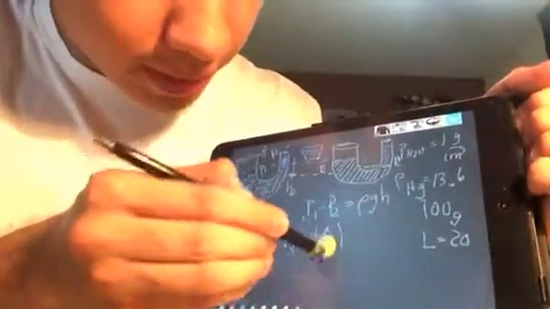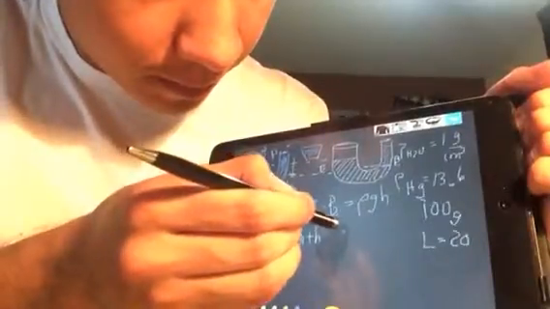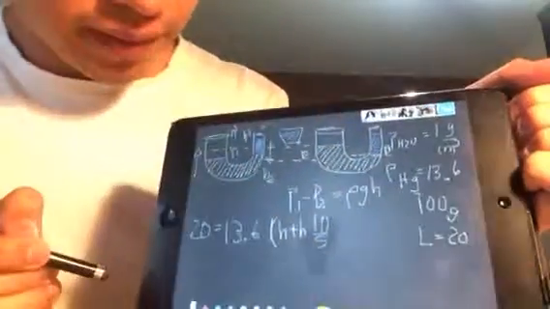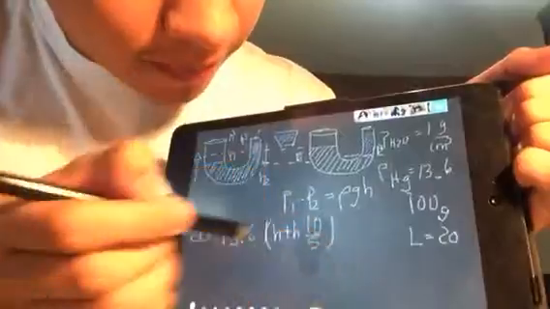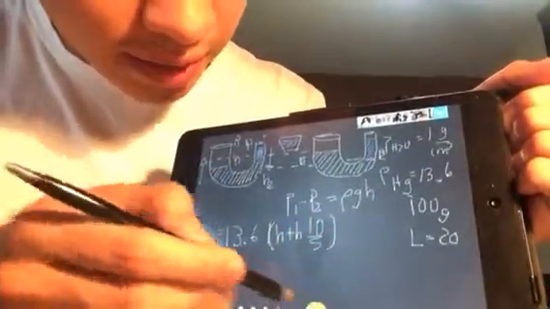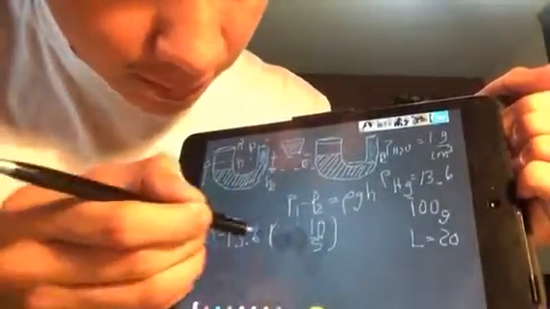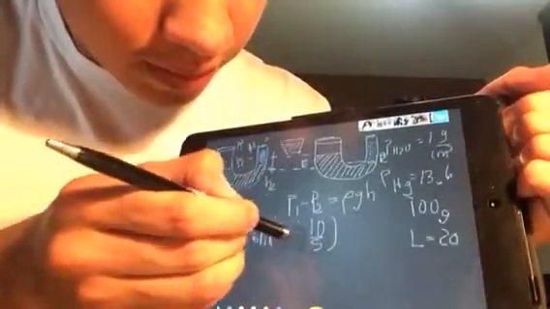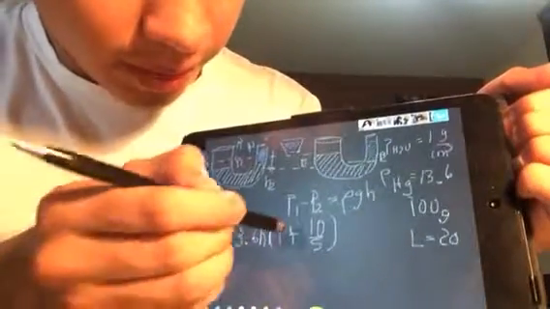So we can rewrite this as h times 10 over 5. And we can factor out the h, so it's going to be h times (1 plus 10/5).